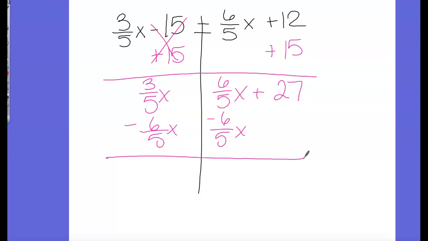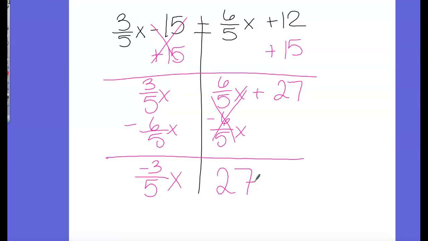Like denominators or common denominators. Are my denominators the same in this? Yes. Okay, so then I can just subtract the numerators. So what's 3 minus 6? So I'd have negative 3 over 5x. This gave me a 0 pair, so on the other side I still have 27.